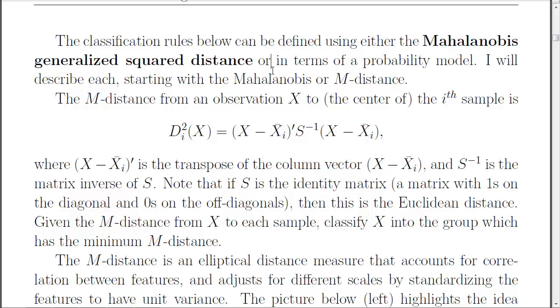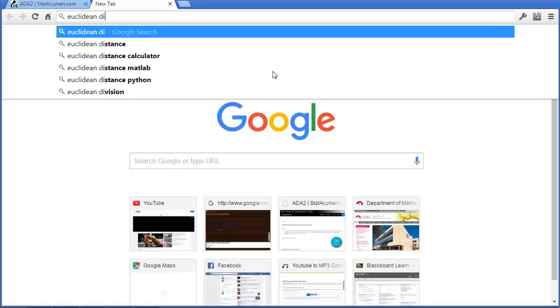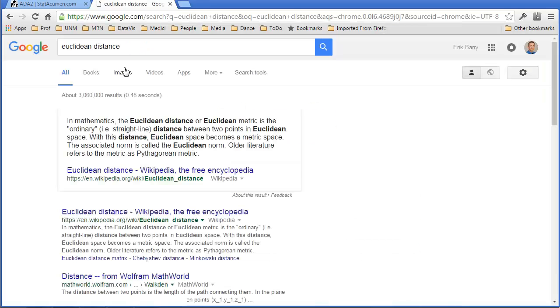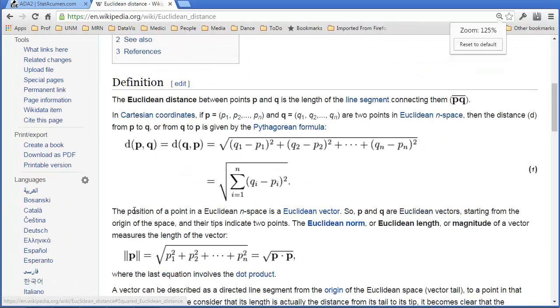I mean, you guys know how to do Euclidean distance, right? I just want to bring up the equation very quickly for Euclidean distance.